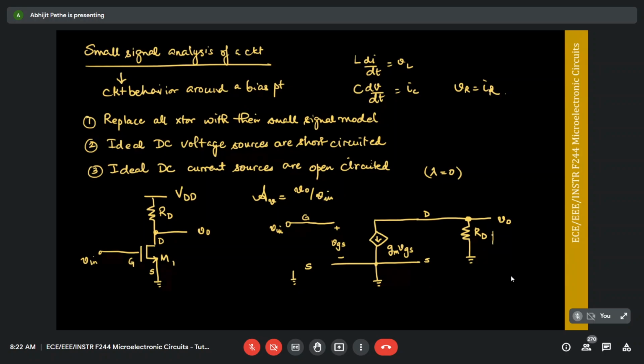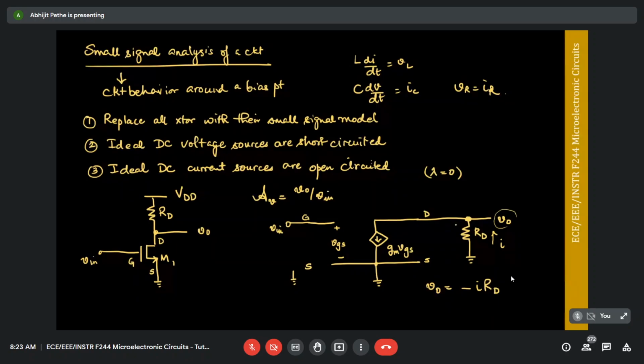V0 is given by the current flowing in RD. The current flowing in RD is gm times VGS. Because the current is flowing from ground to V0, V0 is a negative quantity. So if the current flowing through RD is I, V0 can be written as minus I times RD.